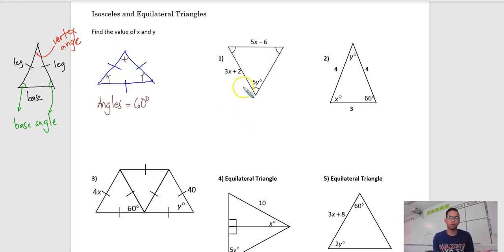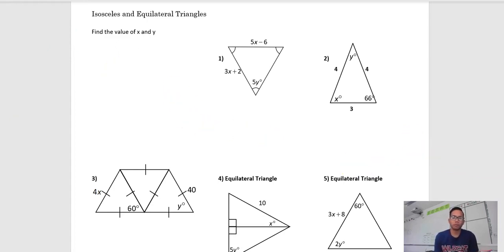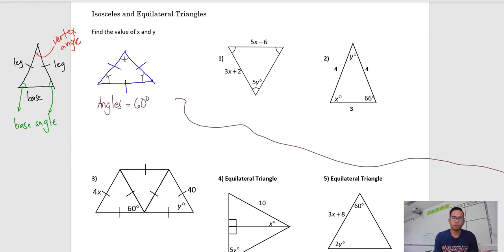Now we are going to start with our first example. Using those characteristics, how are we going to solve this type of triangle? In example 1, we have to identify what type of triangle this is. It says that all of these angles are congruent, thus it's an equilateral triangle.